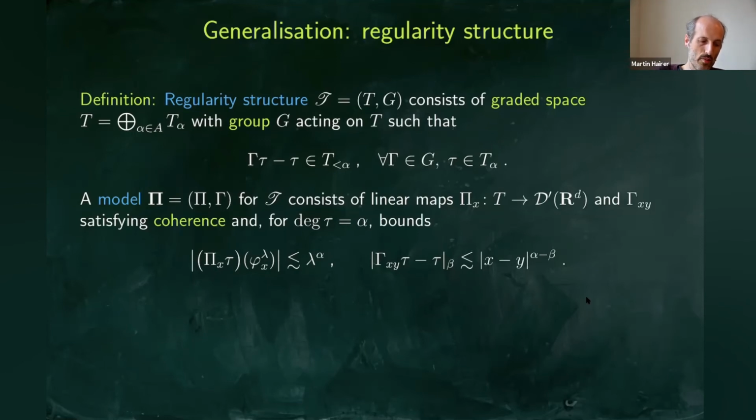So you take a monomial of degree alpha. Degree tau equal to alpha really just means tau is in T alpha, so these are synonymous. You take something homogeneous of degree alpha, apply pi x, which gives you the concrete monomial, and then you test it with a test function centered around the same point x.